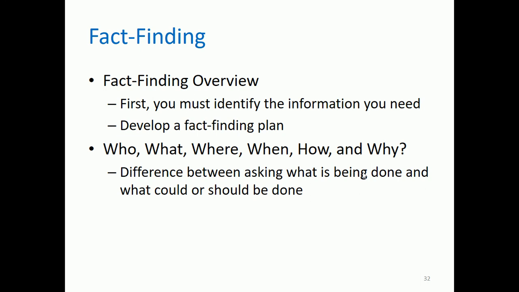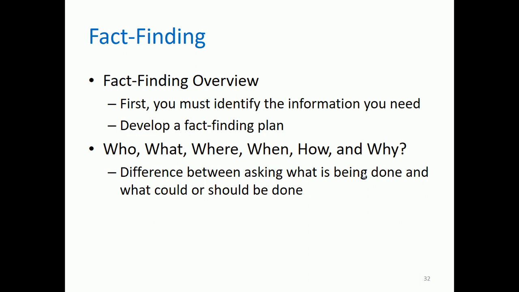So, fact-finding overview. First, you must identify the information you need, of course, and then develop a fact-finding plan. Even for fact-finding techniques, you have to have a plan: who, what, where, when, how, and why. What's the difference between asking what is done and what could or should be done?